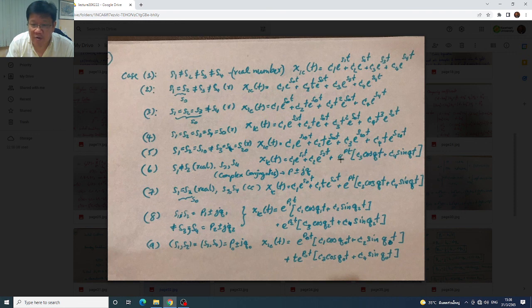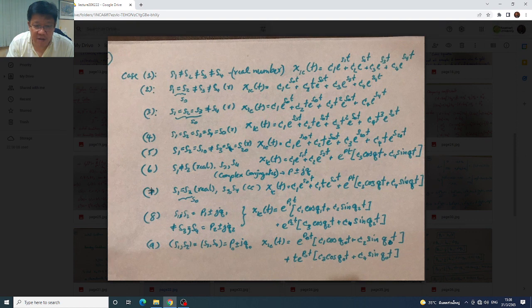It's well known: e to the real part times t, times c sub 3 cosine of the imaginary part q times t plus c sub 4 sine of q times t. This handles s3 and s4 as a complex conjugate, but the first two terms are the same because they are distinct roots.